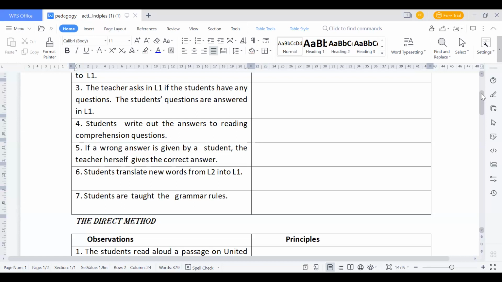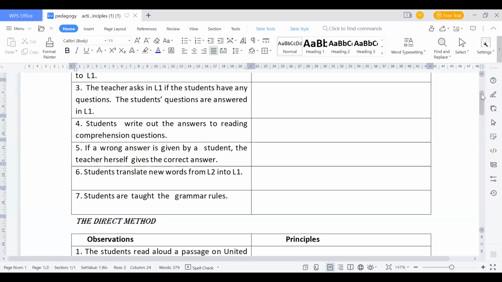In glossaries, you can see the mother tongue equivalent, right? Vocabularies are taught using glossaries in which the mother tongue L1 equivalent is given. That is the exact answer there.